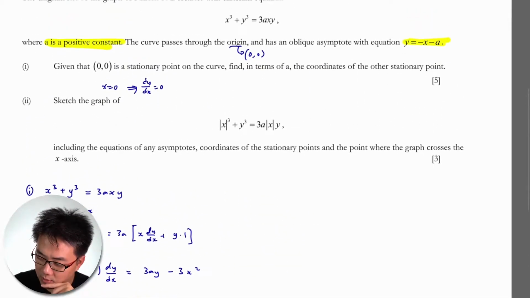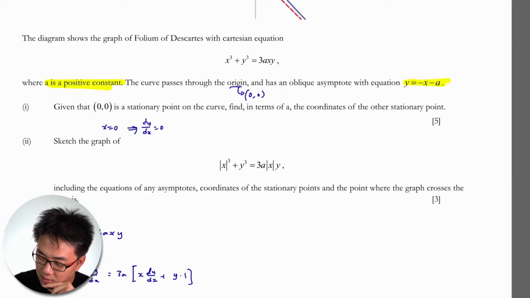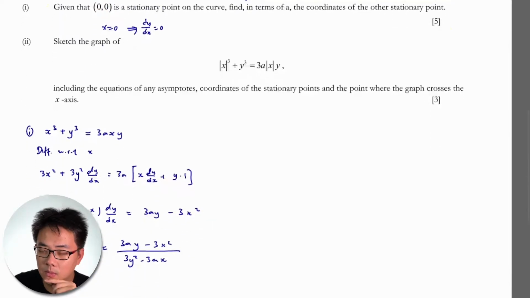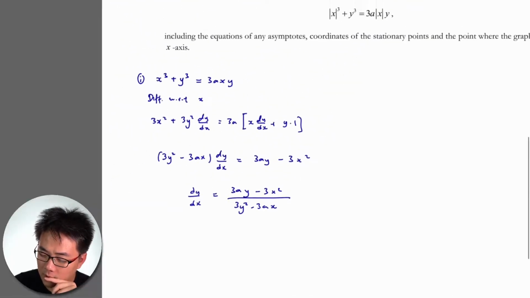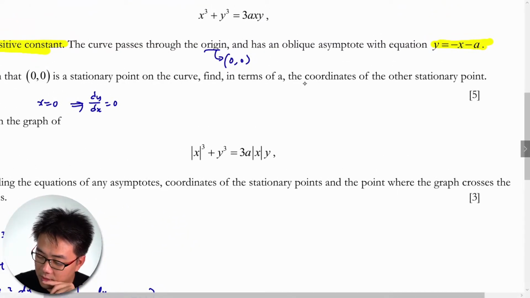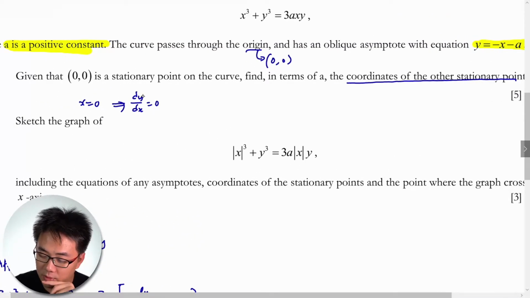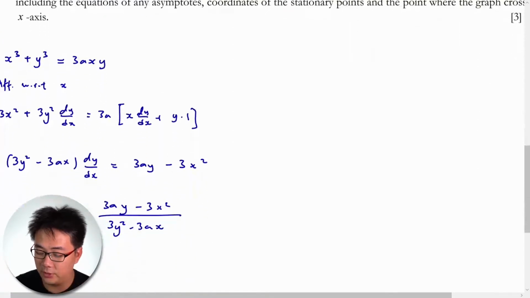Because you're asked to find the other coordinates of a stationary point, I'm not going to use x equals 0, because it doesn't help me solve for a.